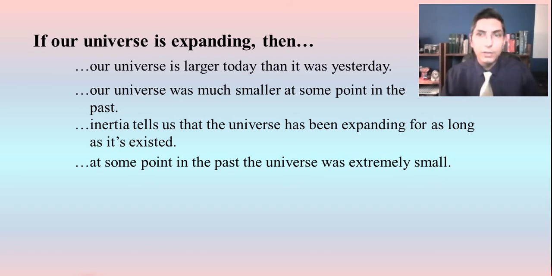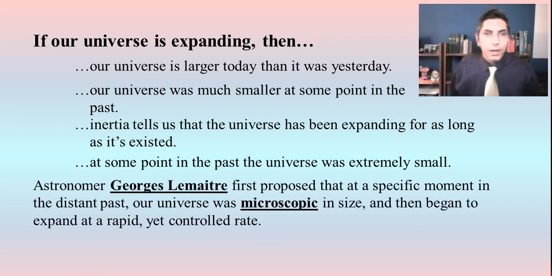Now, how small was the universe in the past? Well, there is evidence to believe that it was extremely, extremely small. In fact, almost 100 years ago, the astronomer Georges Lemaitre was the first one to propose that at a specific moment in the distant past, our universe was actually microscopic in size.